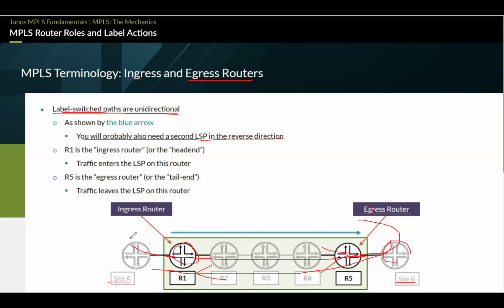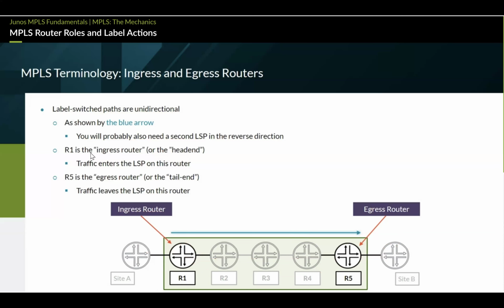So LSP is unidirectional. If you mention an LSP from router 1 to router 5, this is one direction. If you want router 5 to router 1, then you have to create another LSP. Okay, so that's the point.